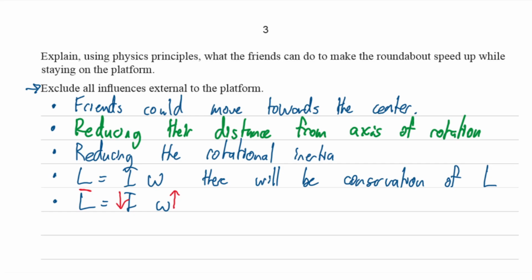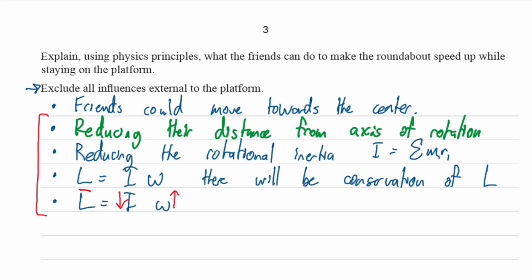And those 4 or 5 points would be excellence. These ones right here. Right, reduce the distance from the axis of rotation. In other words, if you're on your office chair, you pull your arms in. What does that do? It reduces the rotational inertia. You may have seen this formula before.